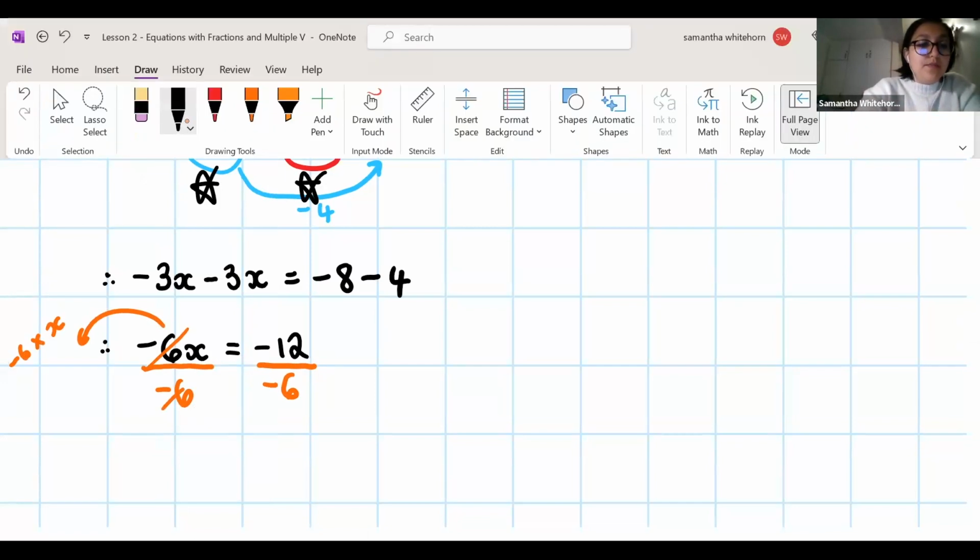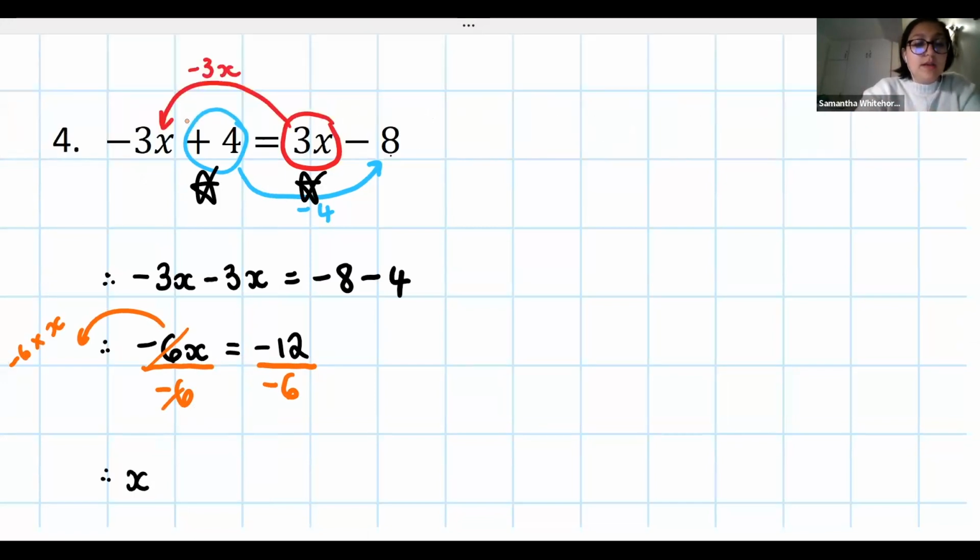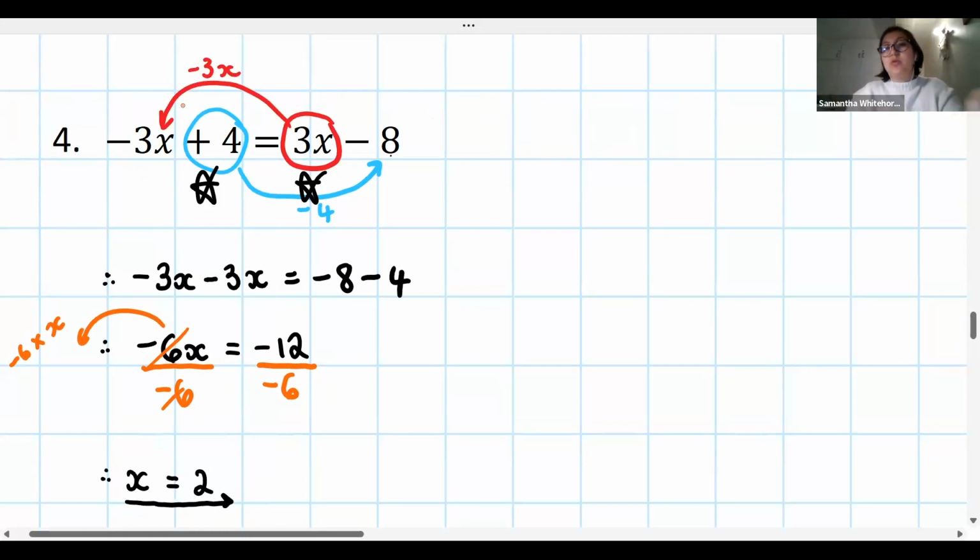They give us 1. So we're left with that x that we want. And now on the right-hand side, a negative divided by a negative is positive, and 12 divided by 6 is 2. And so we've solved, getting that x is equal to positive 2. So just a reminder, guys, a negative divided by a negative is a positive.